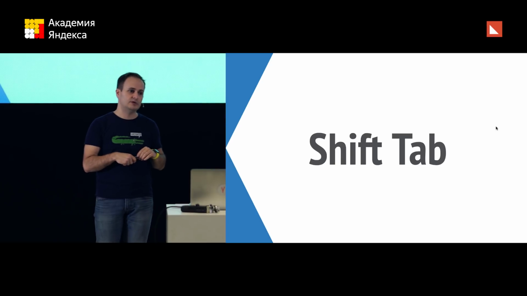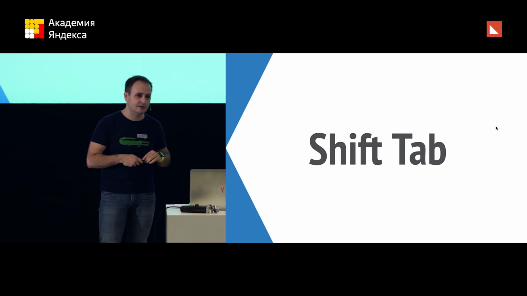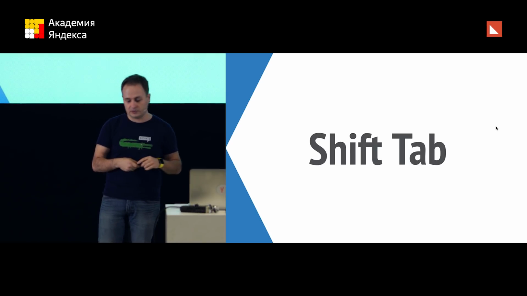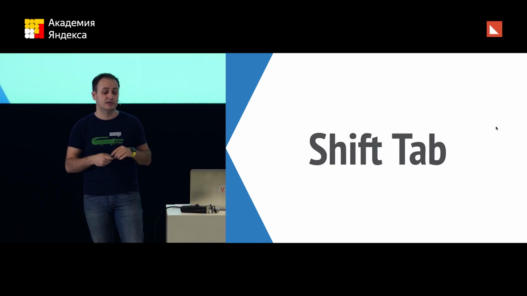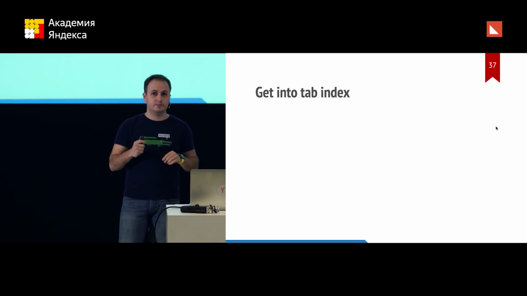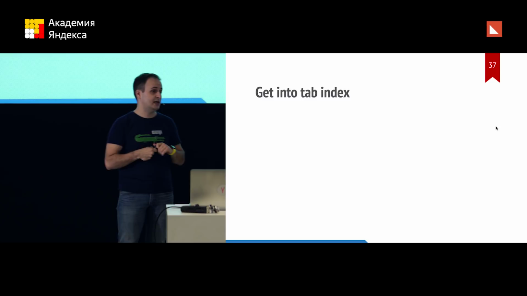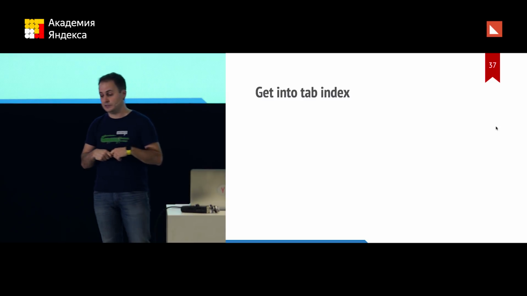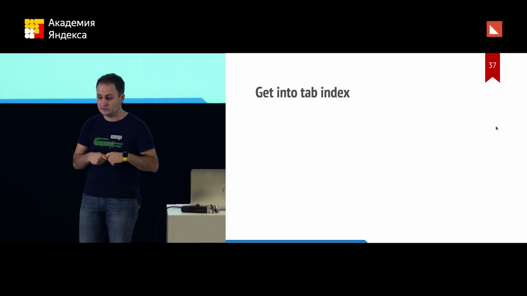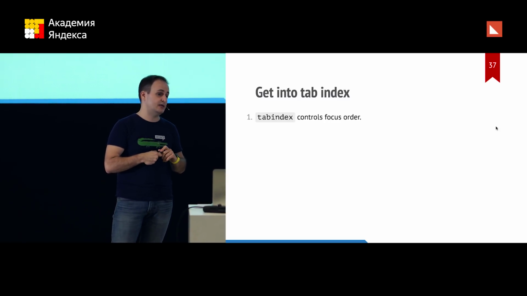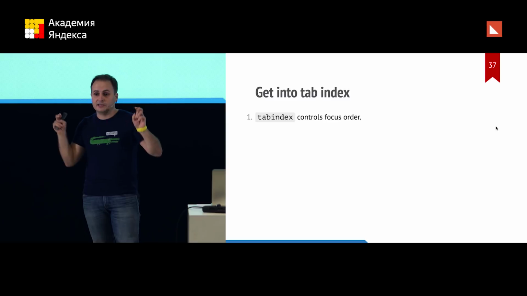So please don't disable outline so users will be able to use your interfaces. And try to navigate your interfaces with tab and shift tab keyboard shortcuts, and you'll understand that in most cases it's not accessible.